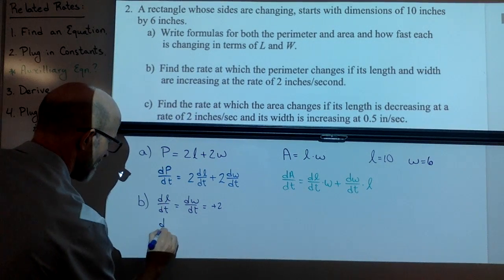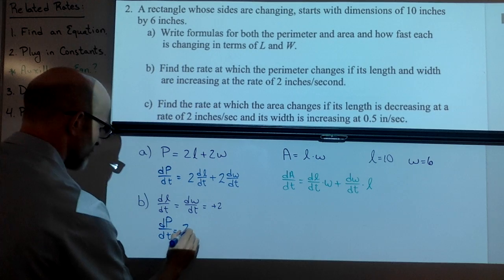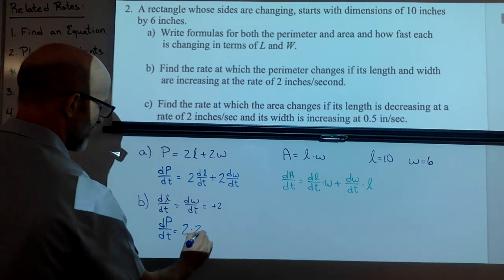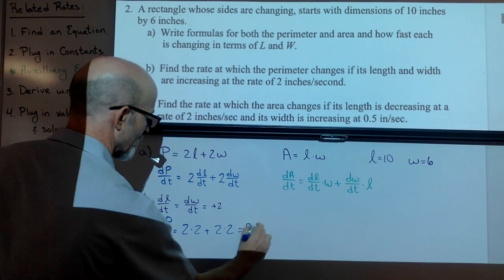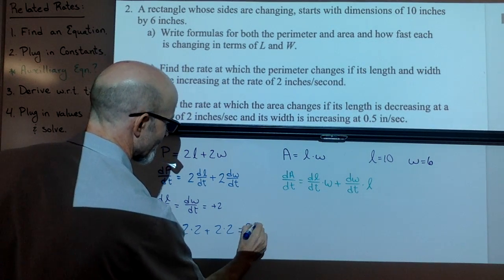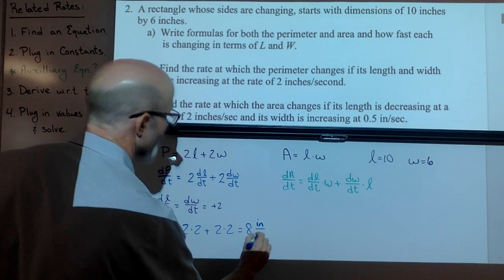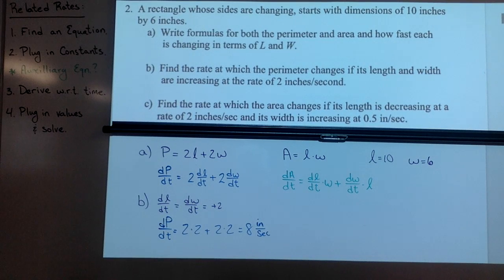I have a perimeter formula here. 2 times dL/dt plus 2 times dW/dt. And if we really want to do this right, I'm going to give you the units. We're talking inches per second. That, my friends, is the answer to part B.